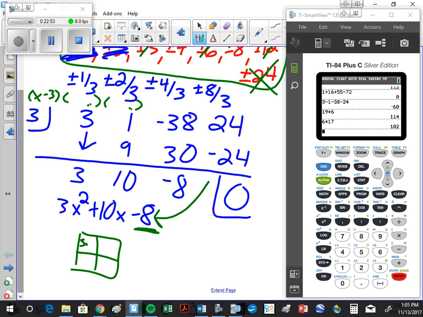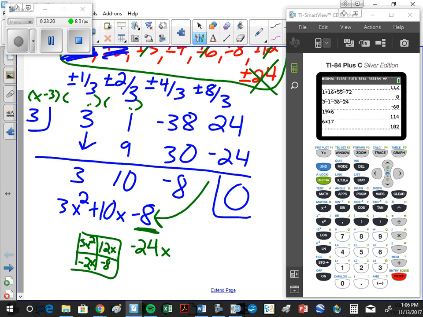So I put in 3x squared and negative 8, and I end up with negative 24x, and I need numbers that multiply to be negative 24 and add to be 10: 12 and negative 2. 12x and negative 2x. Why not 4 and 6? 4 times 6 does not make negative 24.